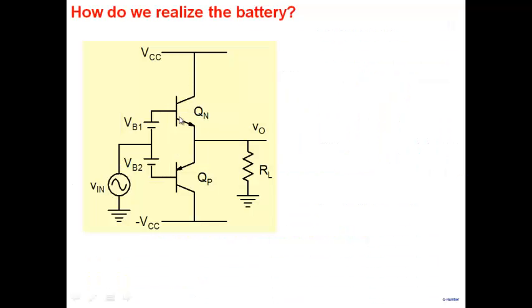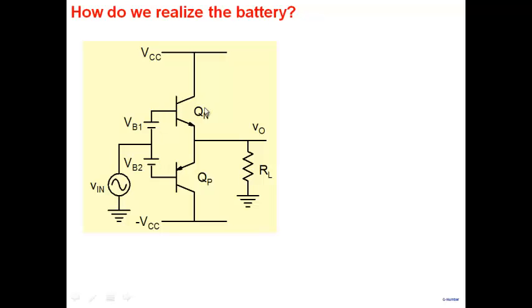So the issue is, it's very simple to draw a battery here. The issue is, how do we implement the battery? How do we realize it, and where do you get a 0.65 volt battery? From where do you get that? We have +5 here and -5 here, and what we need is a 0.65 here or a 0.65 here. Now, don't get so hung up on what this 0.65 is.